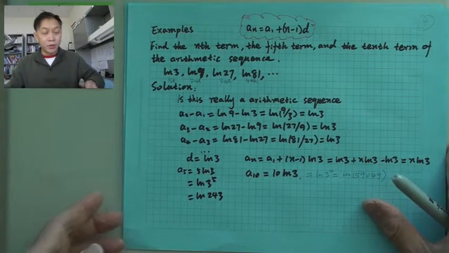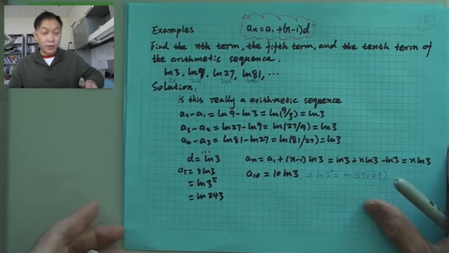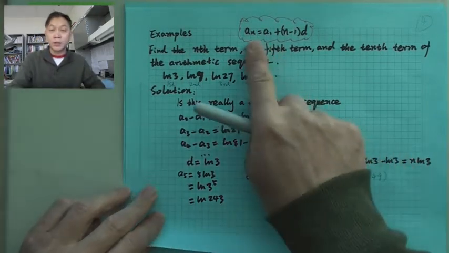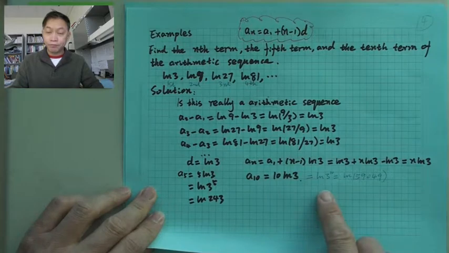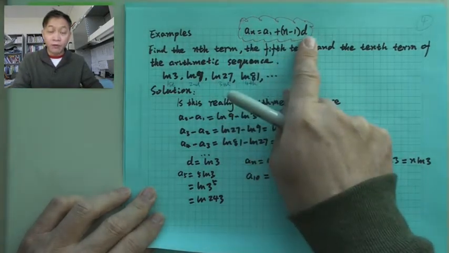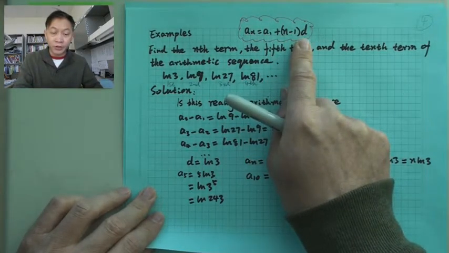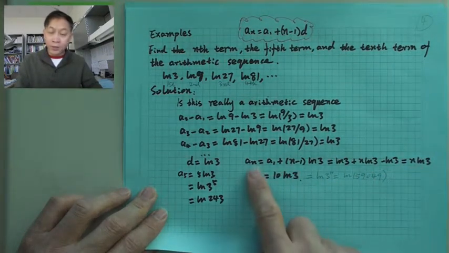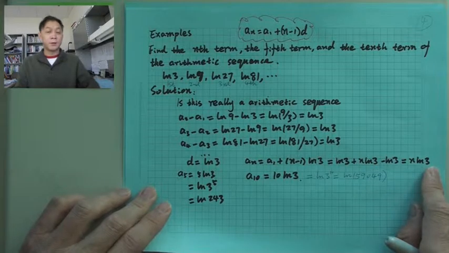This arithmetic sequence looks quite different, and here we actually find a general formula. This is the formula for all arithmetic sequences, and then for the special case, a sub n can be like that.